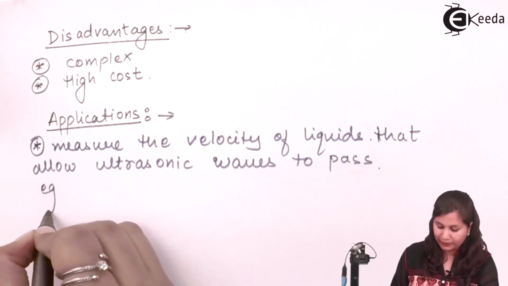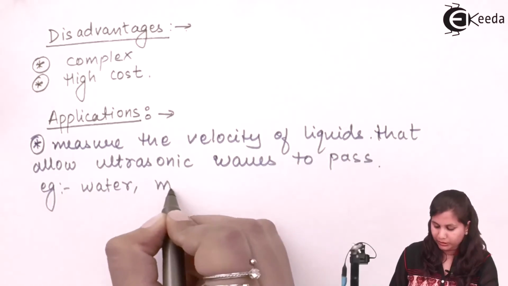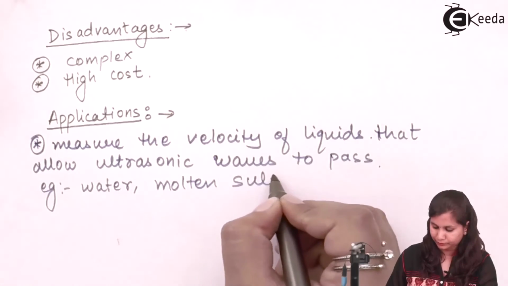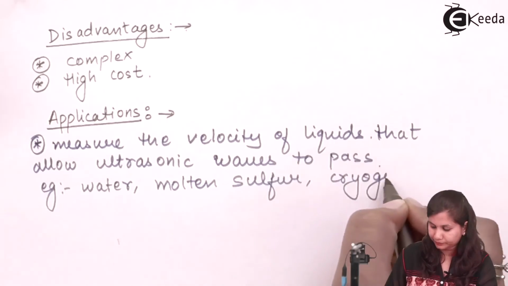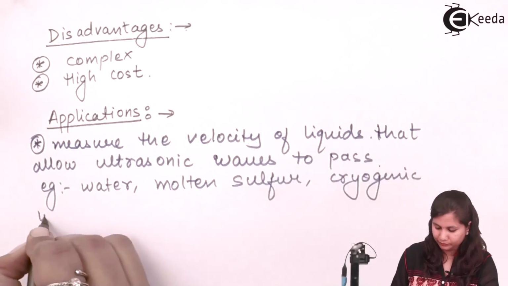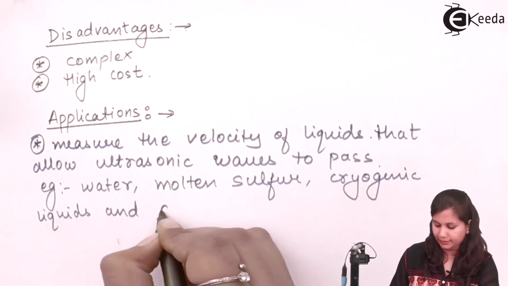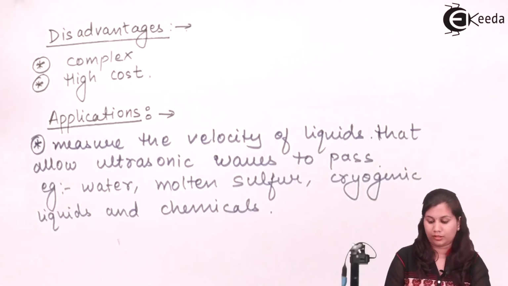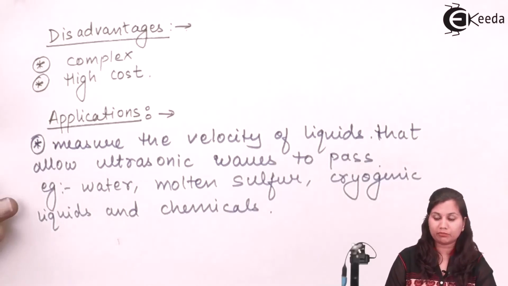Examples of such liquids are water, molten sulfur, cryogenic liquids, and chemicals. So only those liquids which can allow the ultrasonic waves to pass through them, only their velocity can be measured.